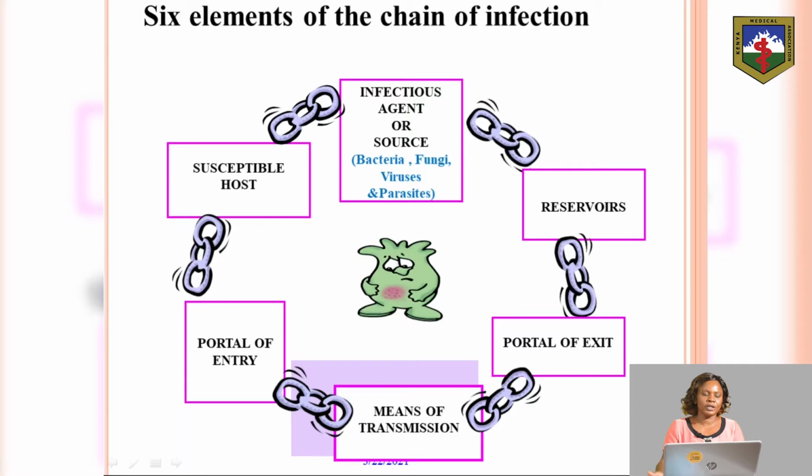It's through our body systems, either the respiratory system, the skin, and all that. The means of transmission is through our hands, airborne, droplet, as we said in the previous slide. The port of entry, again, is through our body systems. Could be respiratory, could be through the skin if it's a wound, during operation, and all that.